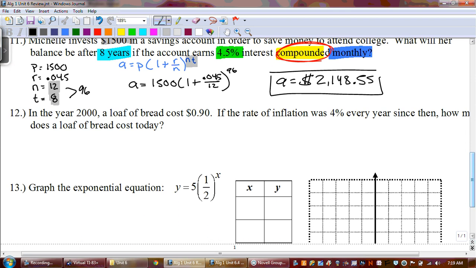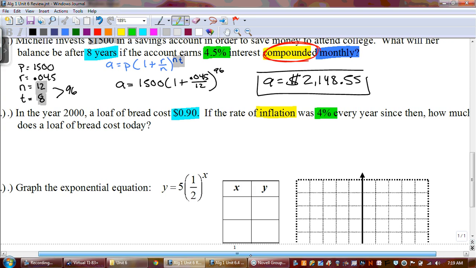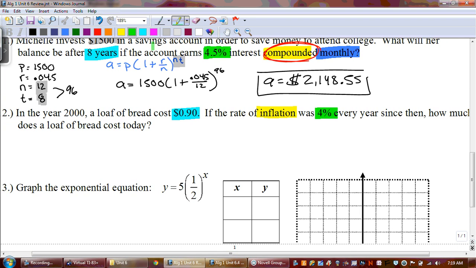All right, in the year 2000, a loaf of bread cost 90 cents. If the rate of inflation was 4% every year since then, how much does that loaf of bread cost today? Well, today is the year 2014.